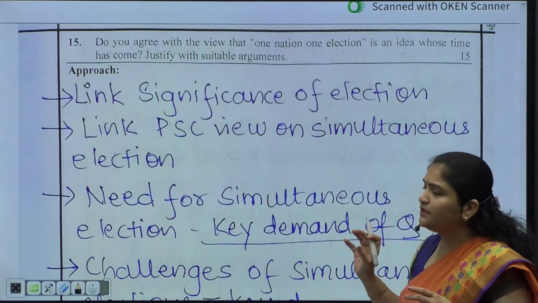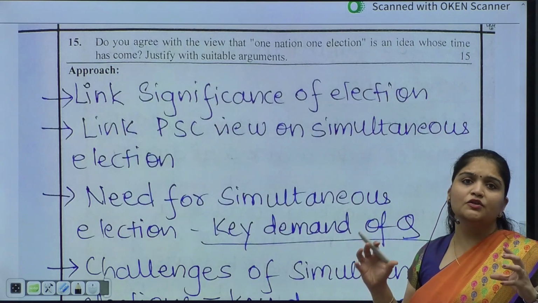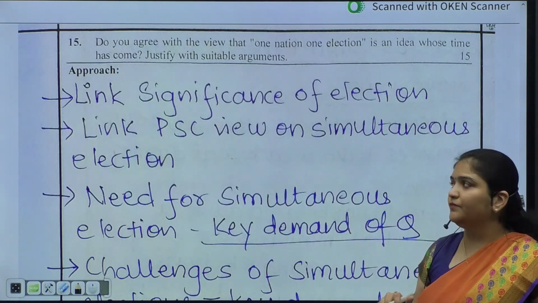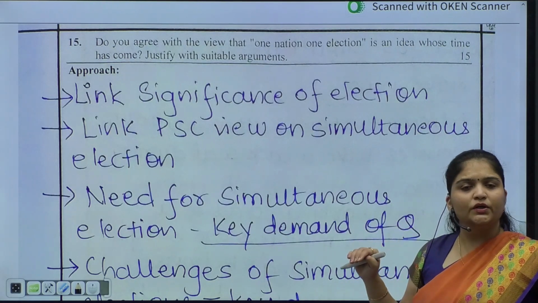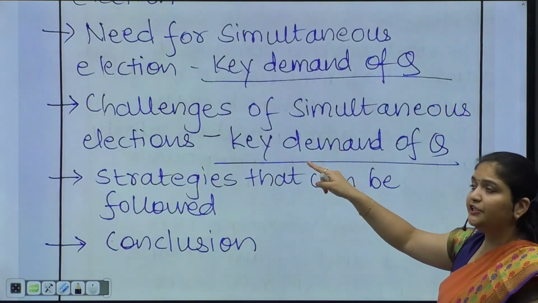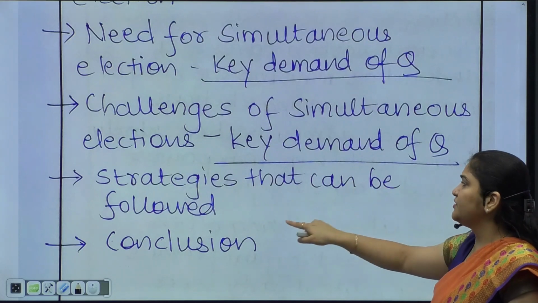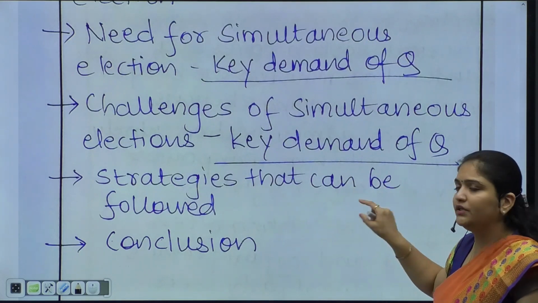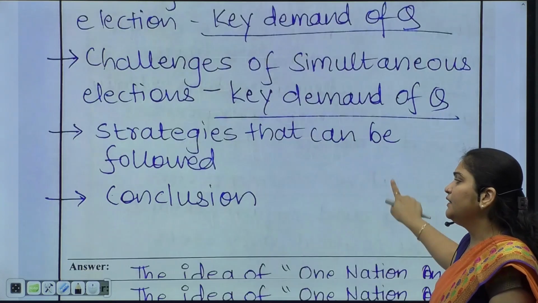So first we will be talking of the significance of elections in a democracy. Then we will be talking of the idea of simultaneous elections. Then the need for it, the challenges and strategies that can be followed, alternative things, and conclusion.